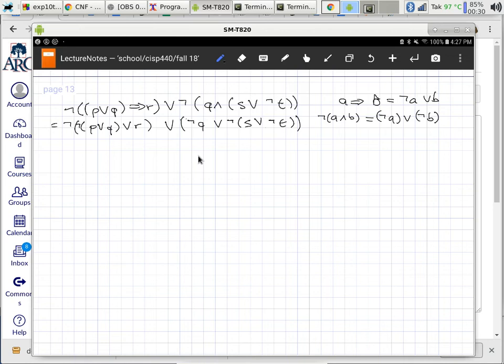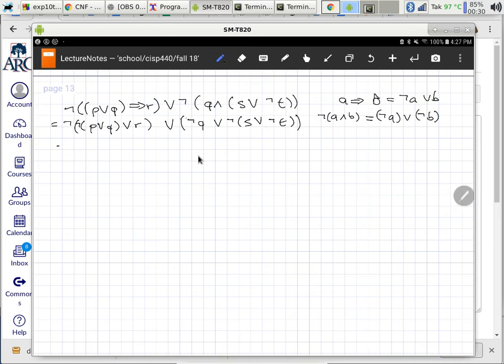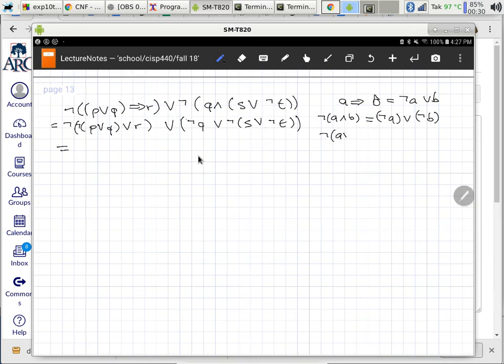So the next thing we do is to apply a slightly different De Morgan's law. It says the negation of A or B is the same thing as not A and not B. This is the other De Morgan's law. So now we can apply that to this overall negation here.